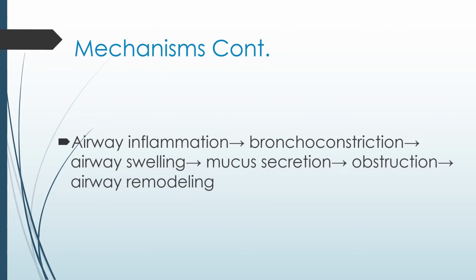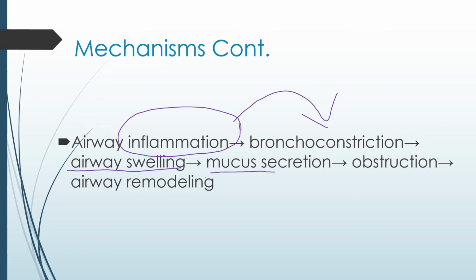So when we're looking at the mechanism of action, this is sort of that mechanism that we see. We're going to have the airway inflammation occur, right? We always start with the inflammatory cascade. The inflammatory cascade leads to bronchoconstriction. Well, once we have bronchoconstriction, the airways swell, and once the airways swell, then the mucus begins to do its thing and create more mucus.